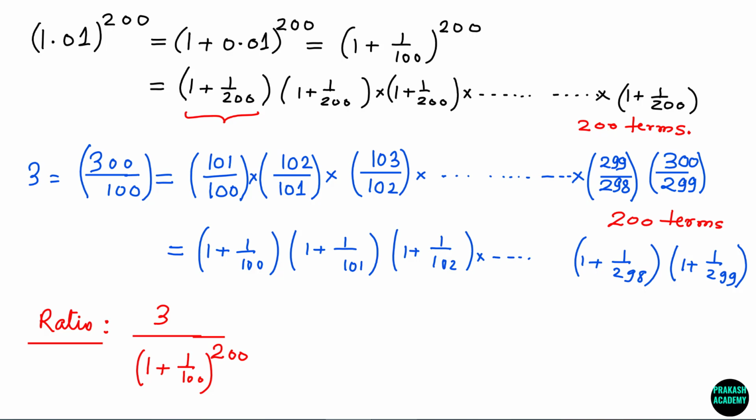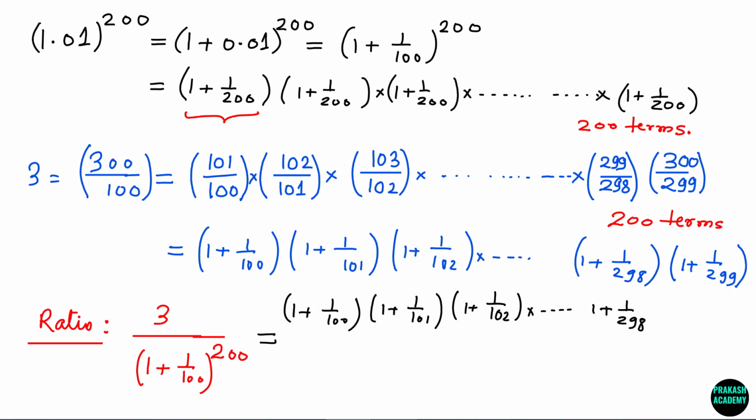Now I can write the first one, that is 3, as 1 plus 1 by 100, and this will be 1 plus 1 by 101, 1 plus 1 by 102, and this will go on, and you will have 1 plus 1 by 298, and this multiplied by 1 plus 1 by 299.